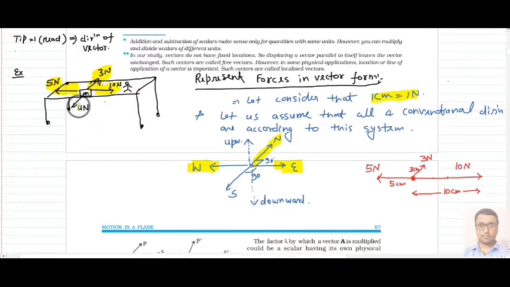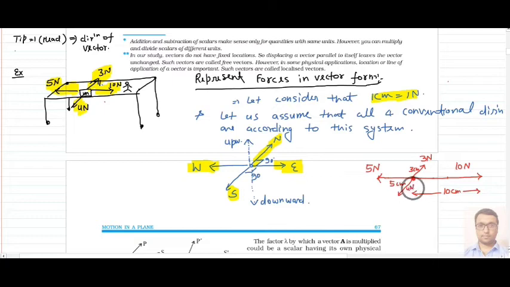Next we have a force of 4 Newton, and this force is actually towards south. So we will make it towards south, and the length of the arrow should be a little more than 3 centimeter but less than 5 centimeter.